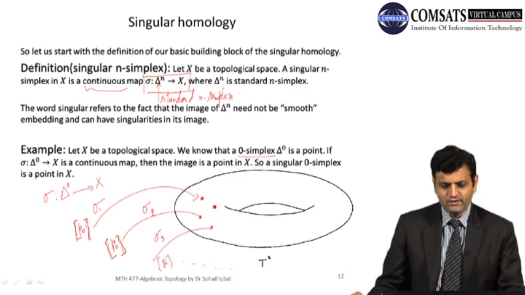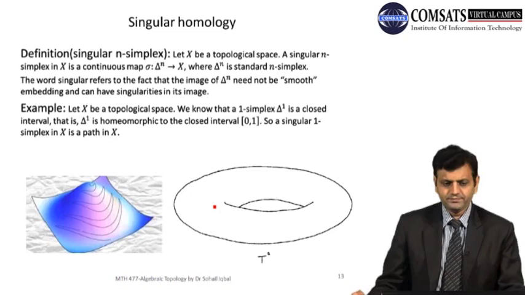So when we talk about the free abelian group generated by these singular n simplexes, there will be many of them. But it will not matter, because at the end we are going to take a quotient. To define homology we will take quotients and then it will not matter. But this is the thing which is different from simplicial homology.